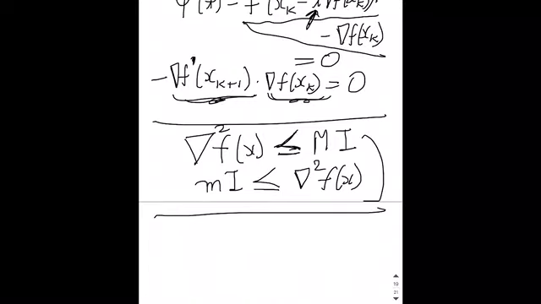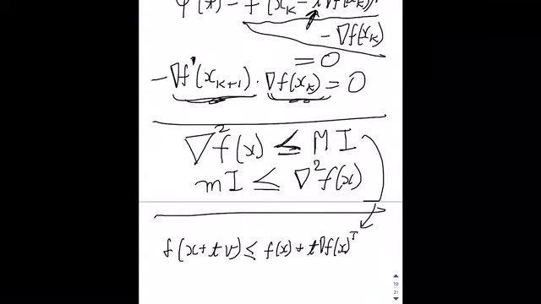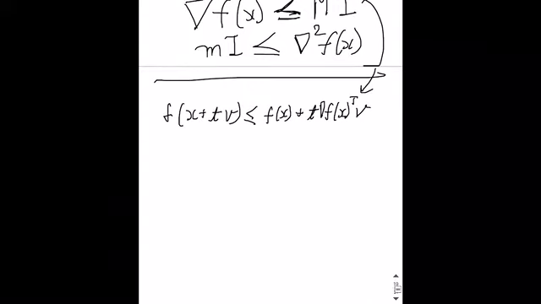From the first, it follows that f of x plus tv is less than or equal to f of x plus t times gradient of f of x transpose v plus M by 2 norm of v squared t square.